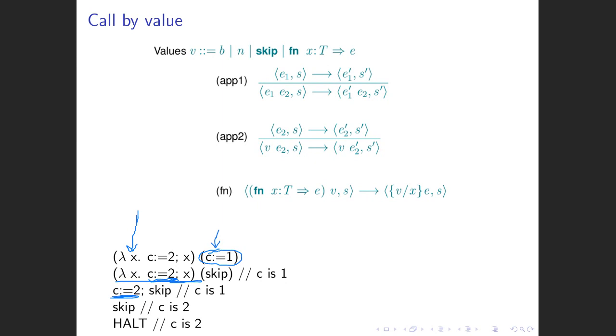And then it's going to execute x, which in C would have taken the value 1. In L1, it's taken the value skip, and you've got skip sitting in there. Either way, the side effect is that C ends up with value 2, because the last thing we did to C was set it equal to 2, yeah?